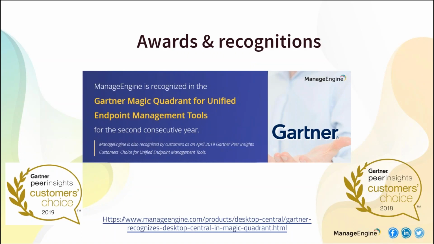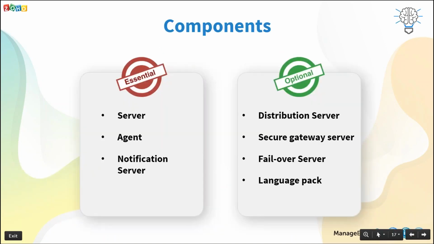We have been recognized by Gartner for over 5 years in a row now, thrice for client management tools and twice for unified endpoint management tools. As of today, Desktop Central has won the Peer Insights Customer's Choice Award for UEM tools by Gartner.